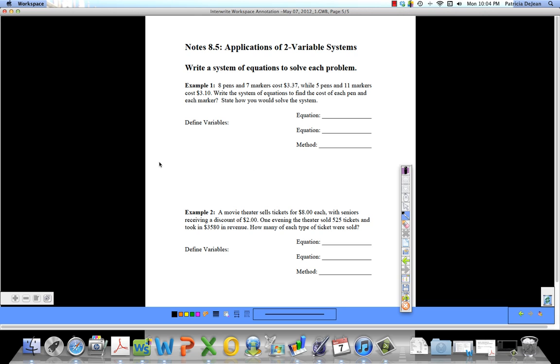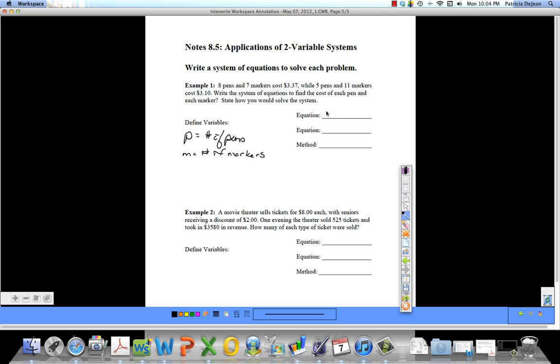Okay, we need to find variables. What you're going to do is you're going to write something like P is equal to the number of pens. Okay, and M is equal to the number of markers. Okay, and then you'll go over here and write one equation.